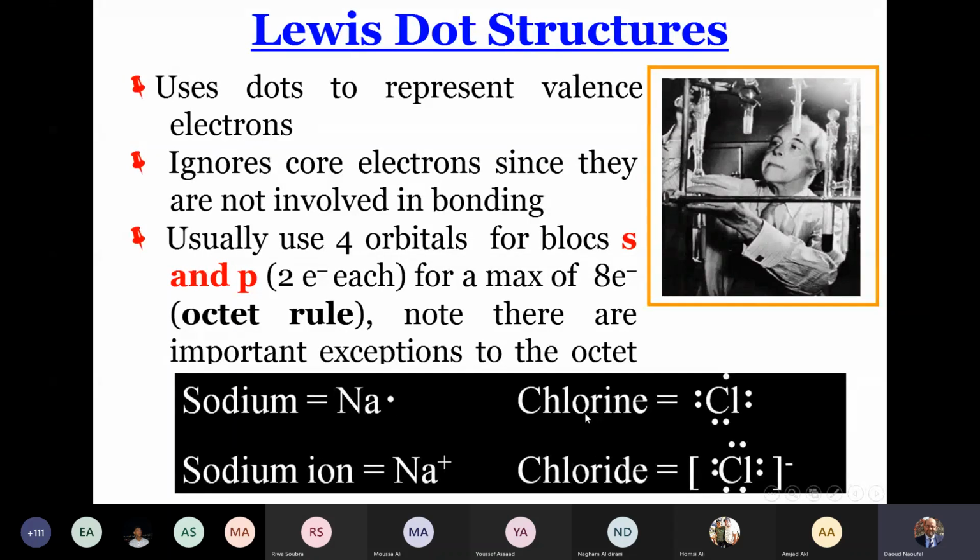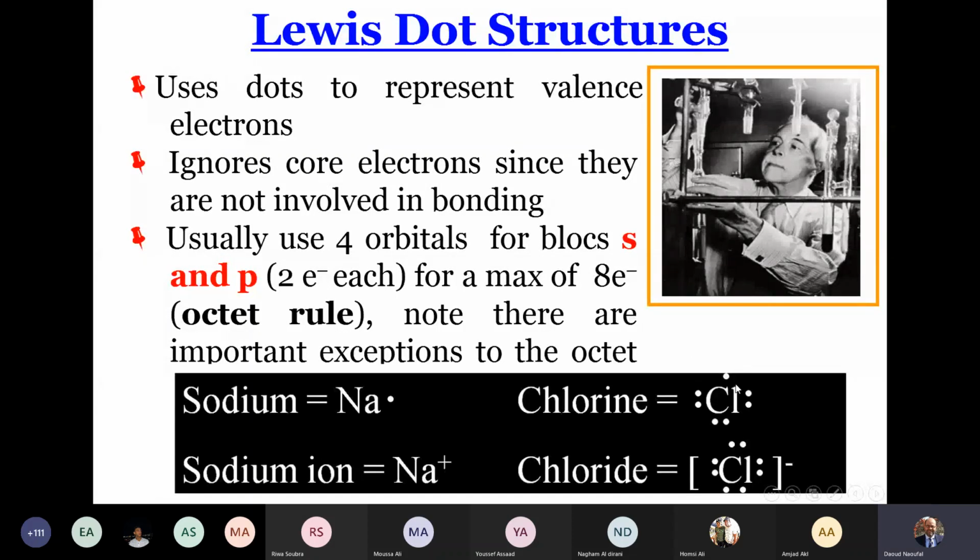Consider Cl. Cl has 7 valence electrons. So I put 1, 2, 3, 4. This is Hund's rule. I fill the rooms with 1 electron each, then I complete the cycle. So I put 1, 1, 2, 3, 4, then I redo the cycle.